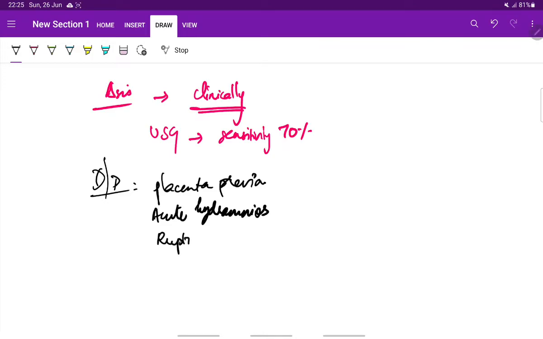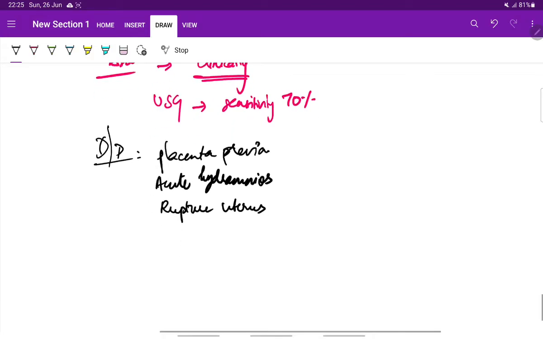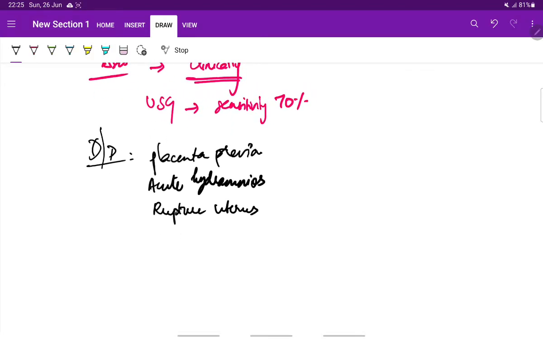Next is rupture uterus. This is common in patients with previous caesarean scar. So, here the patient presents with abdominal pain and bleeding. In case of complete rupture, fetal parts may not be easily palpable.